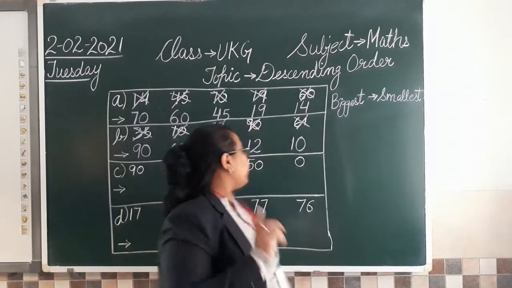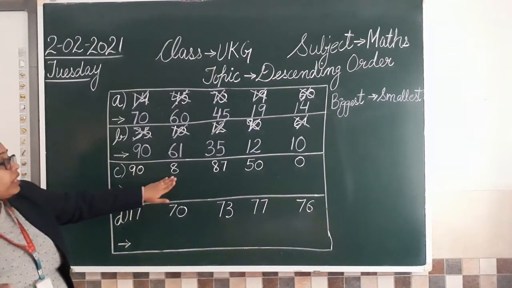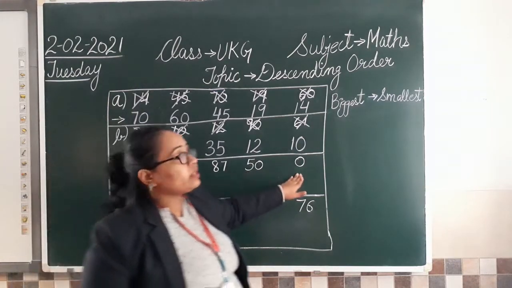Clear all? Great. Now next we have is 90, then 8, 87, 50 and 0.